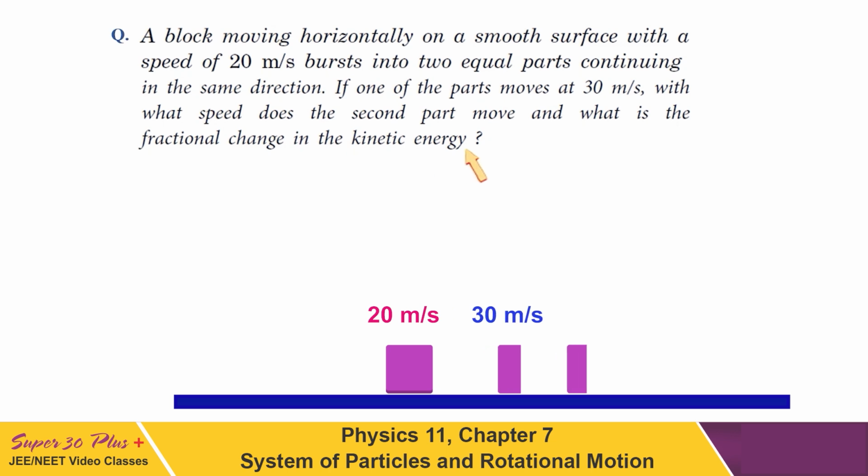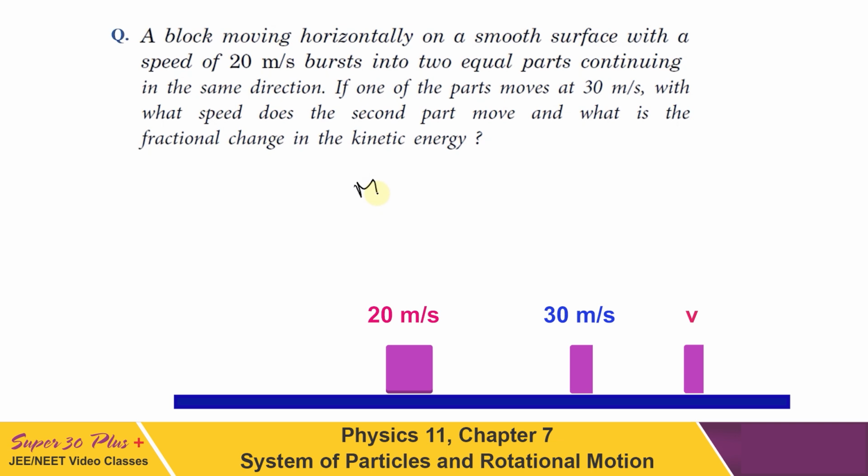Here, as there is no external force on the block and only internal forces are responsible for breaking up the block into two parts, we can write the linear momentum of the block before and after the break to be equal. So let us write this.